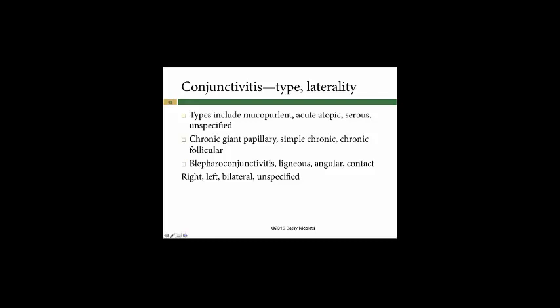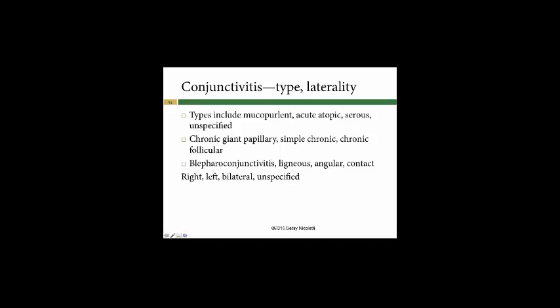When I look at H10, the category of code that is conjunctivitis, I have a number of different types, and I also have acute and chronic. So for acute, I have mucopurulent, and that's divided even farther into acute follicular or other.